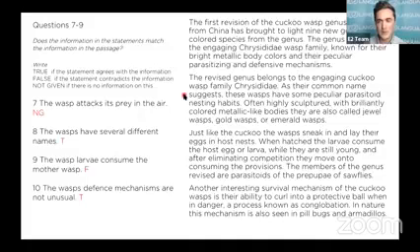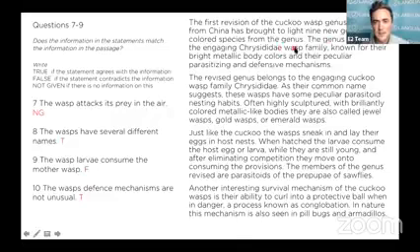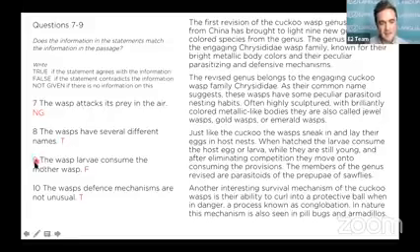The third 9. Find the revised genus. Common name suggests peculiar. Here. They are also called jewel wasps, gold wasps, or emerald wasps. There you go. True. 9. The wasp larvae consume the mother wasp.